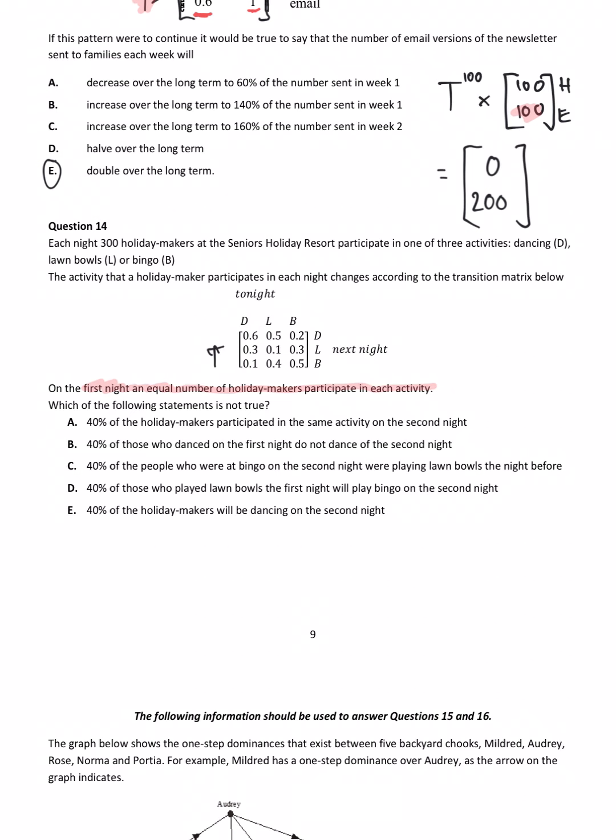One way you could do this, again like the question above, is to use your transition matrix, because a lot of these questions are asking about the second night or the next night. What you'd do is times it by that initial state matrix. Now, we don't actually know the initial state matrix, but it did say there's an equal number in each activity. So you could use whatever numbers you wanted, as long as they're equal. I might just start with 100, 100, and 100, because they're nice numbers.